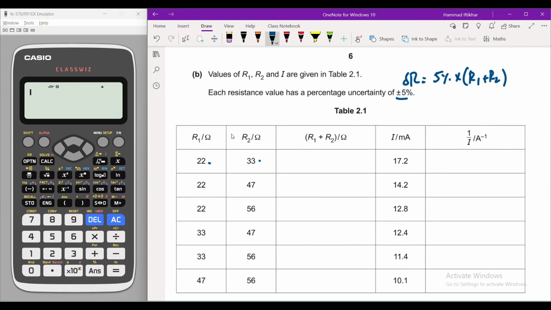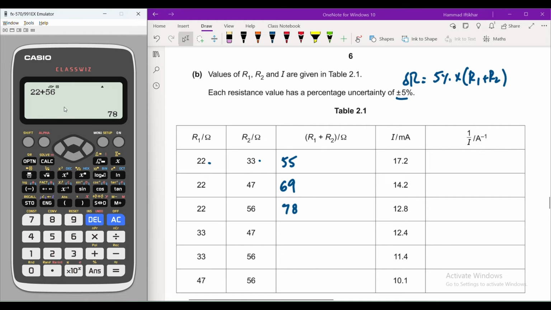All right. So we have 22, 33, 47, and 56. So 22 plus 33, we have 55. Then 22 plus 47, 69. Then 22 plus 56, 78.